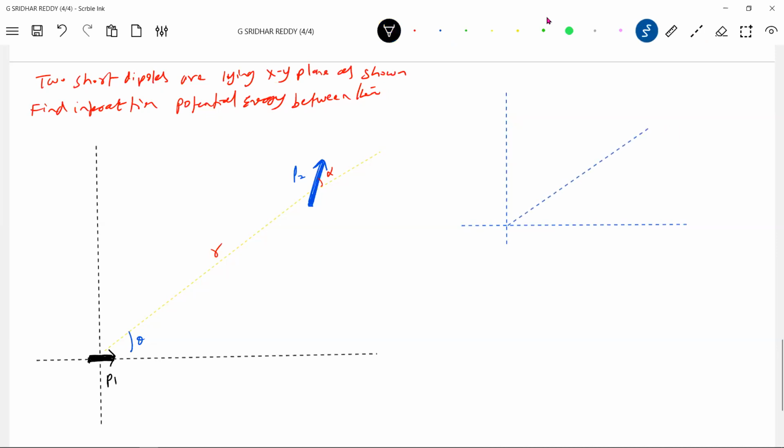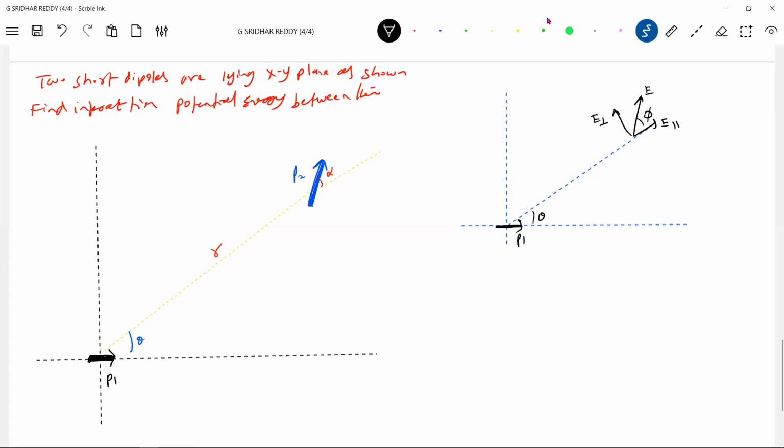If we have a dipole P1 and this angle theta, we first get E parallel, E perpendicular, and the resultant E bar. The resultant E bar makes that angle phi. Let me take it phi only.